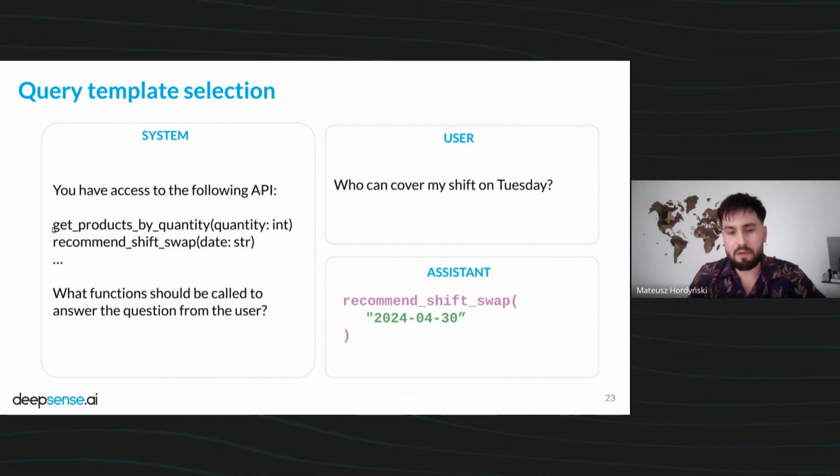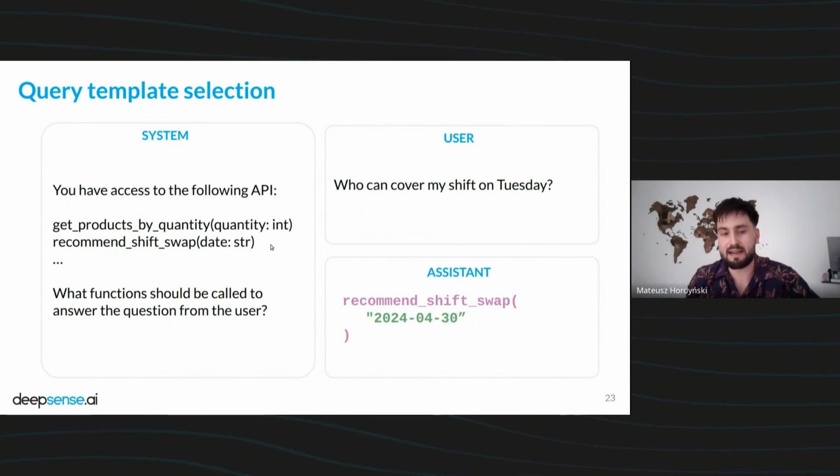You may think about them like functions in Python. So they need to have a good name, good names for the arguments, probably argument types, and sometimes you may add an extra description saying what exactly this function does.